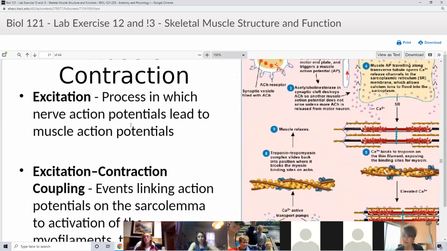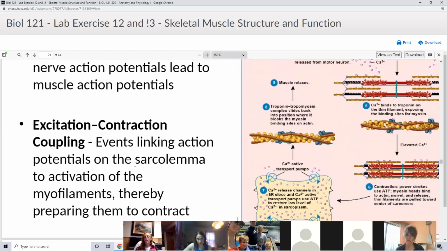So excitation is the action potentials along the muscle membrane from the neuron. Excitation contraction coupling is that excitation being linked to contraction of the myofilaments, and them sliding to allow the muscle to contract.